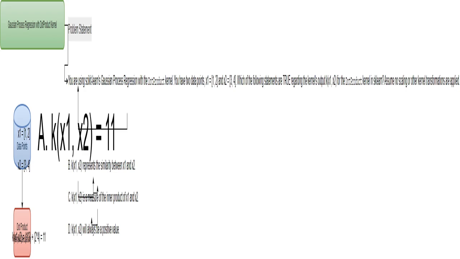This is true by definition. The dot product kernel directly calculates the inner product, also known as the dot product, of the input vectors, providing a measure of their similarity. This statement is correct. I calculated the dot product: 1 times 3 plus 2 times 4 equals 11. This is exactly what we are given in the question.